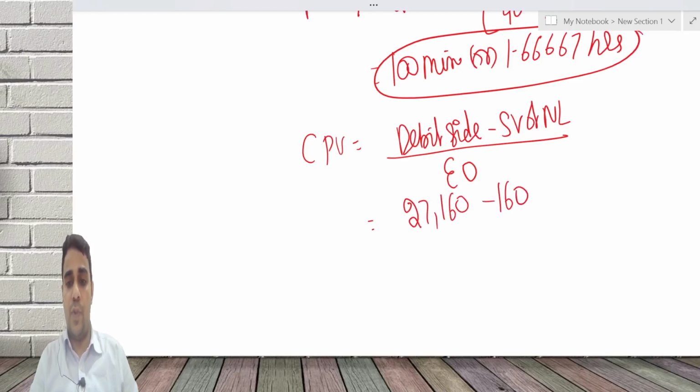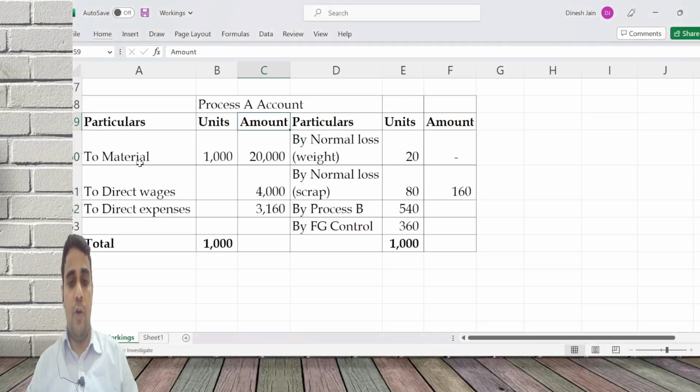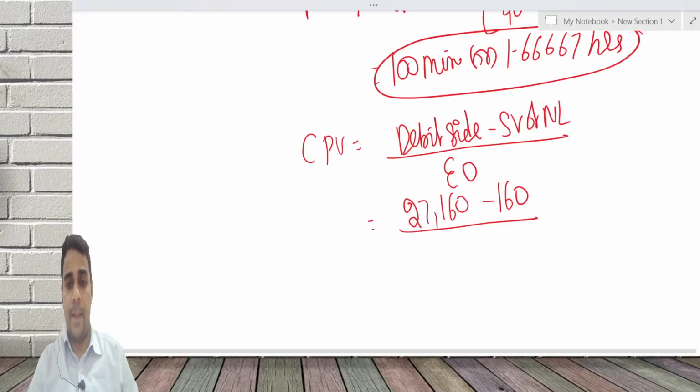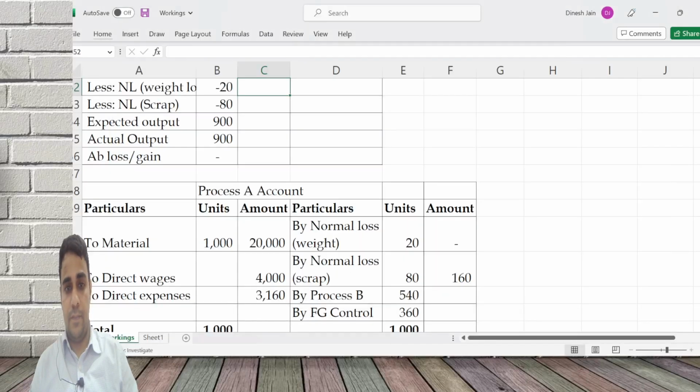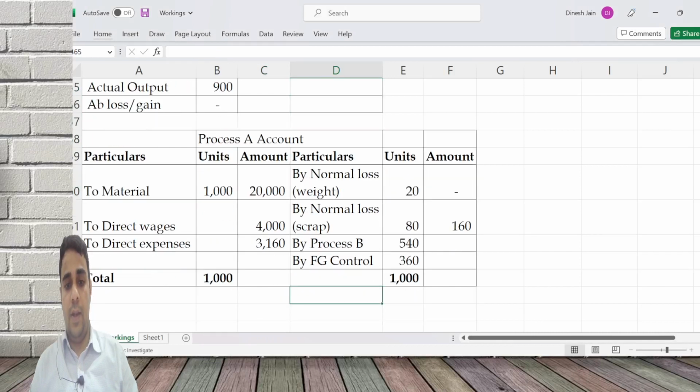Normal loss value is 160. Expected output was 900. It will turn out to be 30 per unit. That's the cost per unit in the first process. First process is 30 per unit.